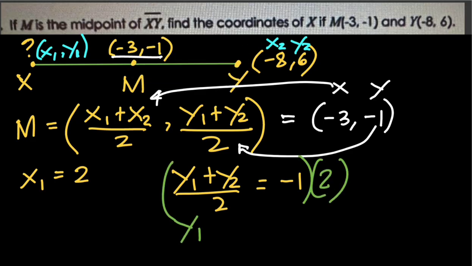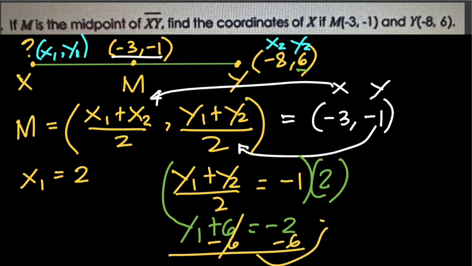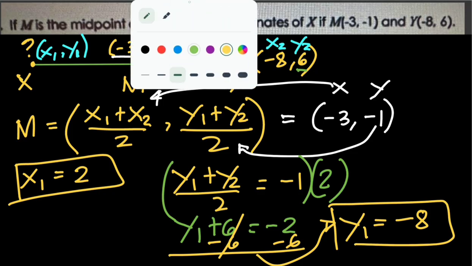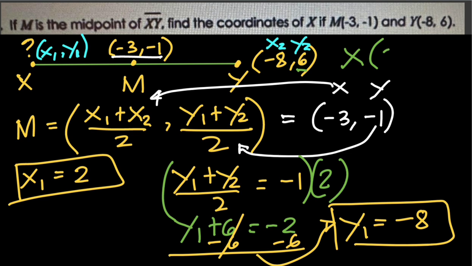Then we have y sub 1 plus 6 equals -1 times 2, which is -2. Then we solve for y sub 1 by subtracting 6 from both sides. Therefore, y sub 1 is equal to -8. Therefore, the coordinates of point X are (2, -8).